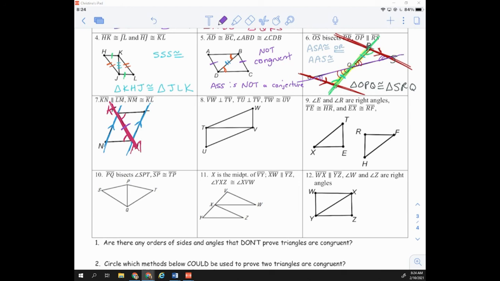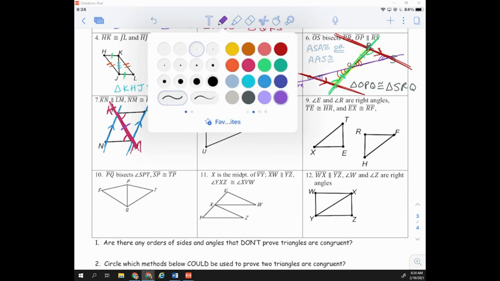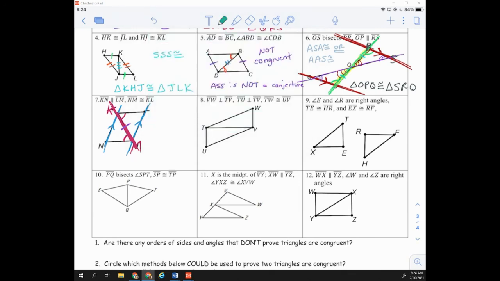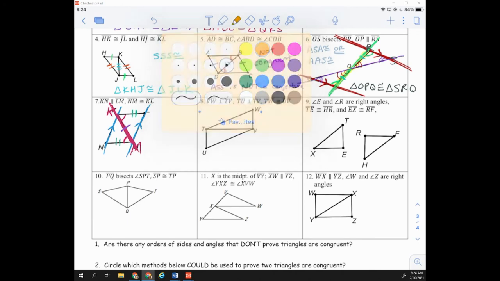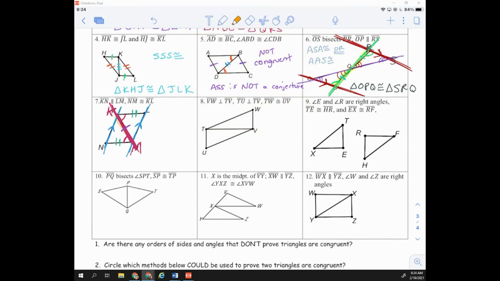And then we're being told that NM is congruent to KL. So we have two sides at an angle, and the angle that we have is sandwiched between the sides. So we have side, angle, side.